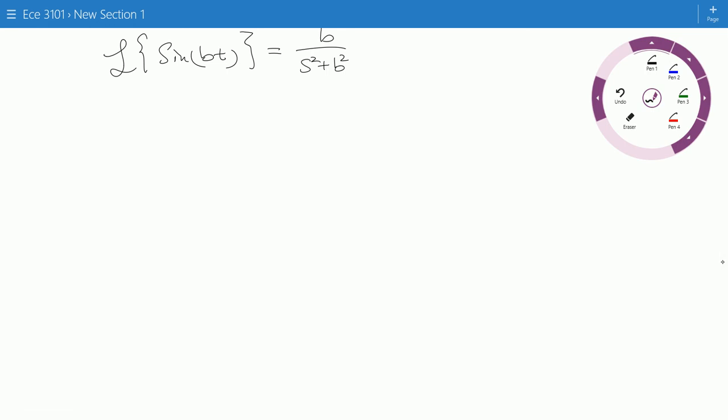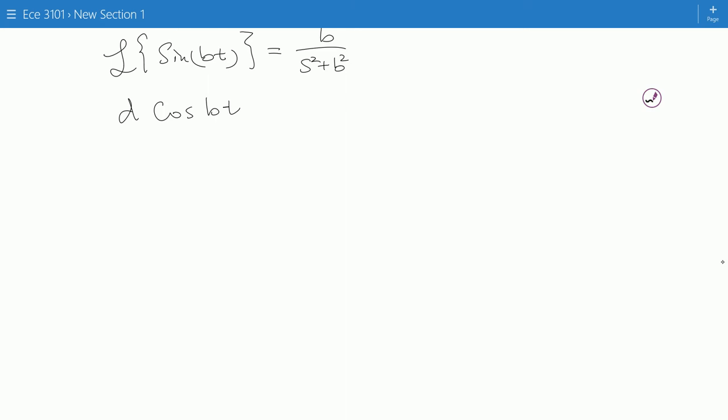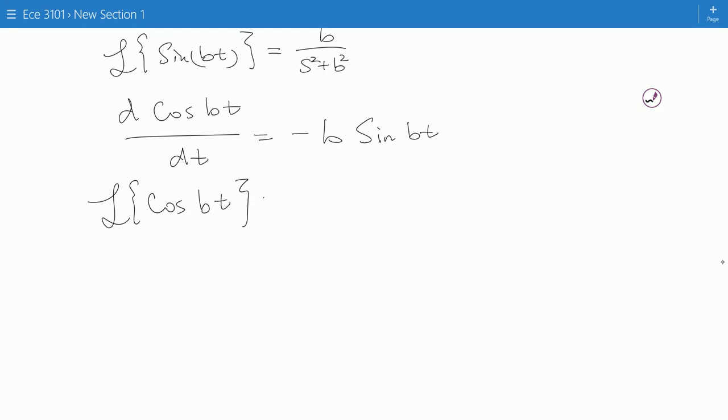The relationship is as follows: d cosine bt over dt is equal to sine bt, but since we have b, it has to be taken care of. And because the cosine function starts decreasing, at times you have to have a negative sign here. What's the Laplace transform of cosine? It's s over s squared plus b squared.